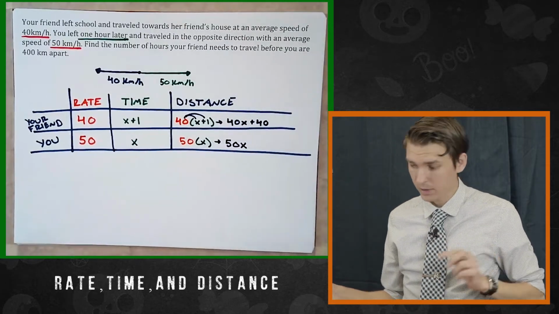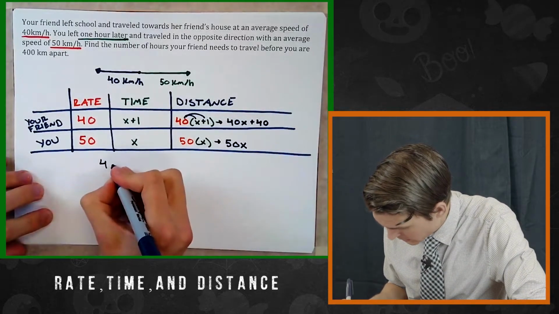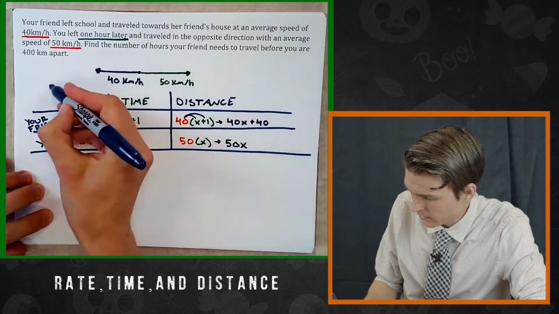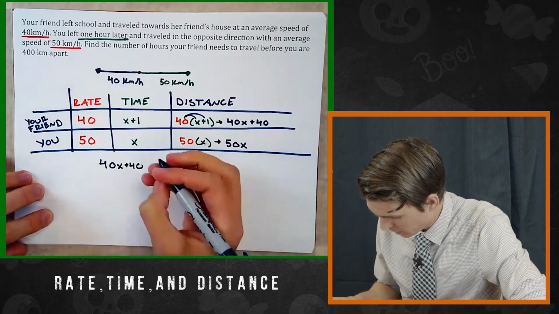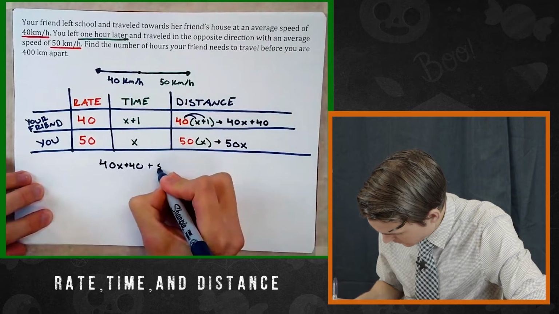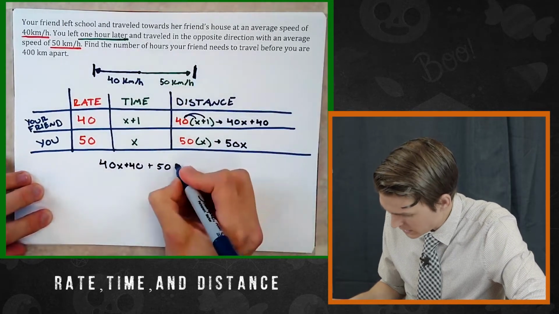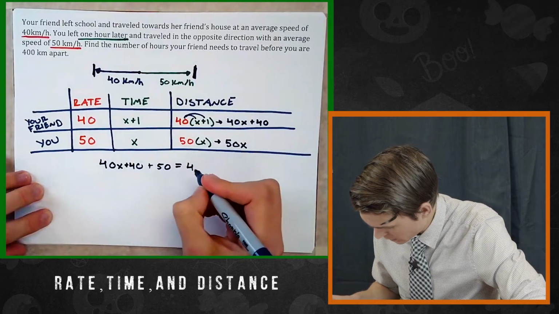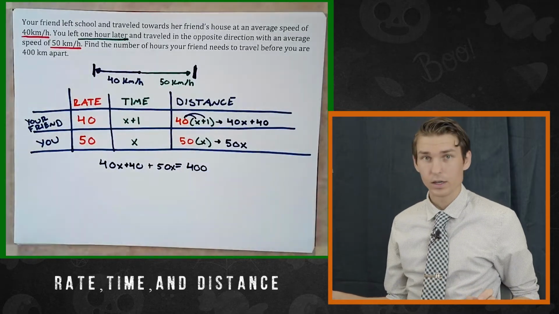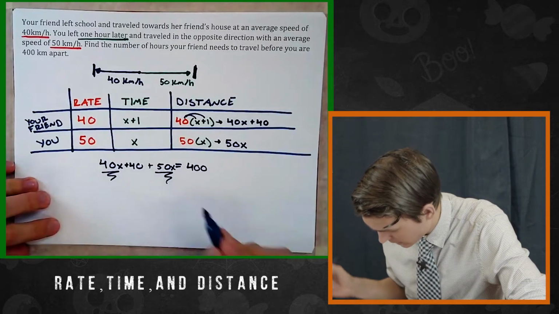And as opposed to last time where the distances are equal to each other, this time your friend's distance going this way plus your distance going that way, right? We want the distance between the two of you to equal 400 kilometers. So let's look for like terms, x and x.